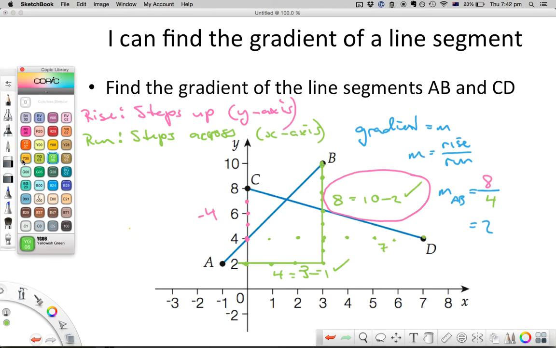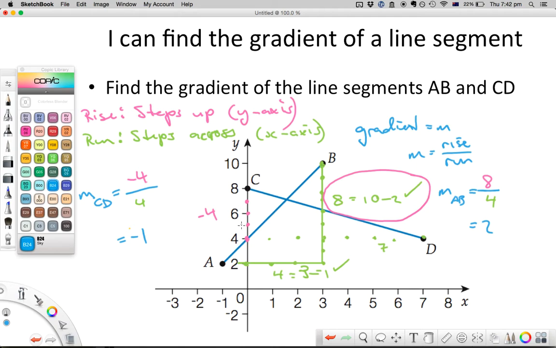So for CD, our rise over run just equals our rise, -4, divided by our run, 4, which equals -1.